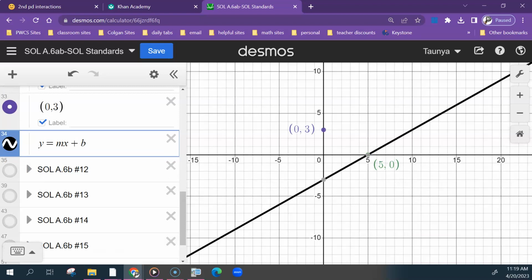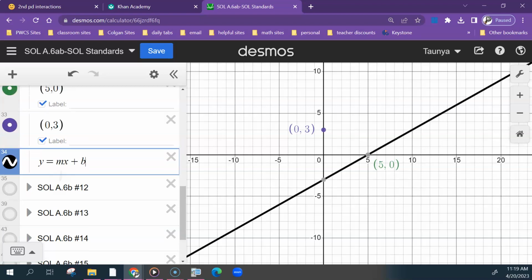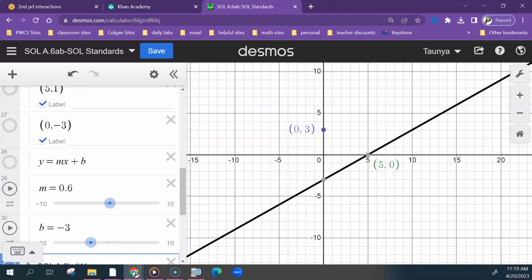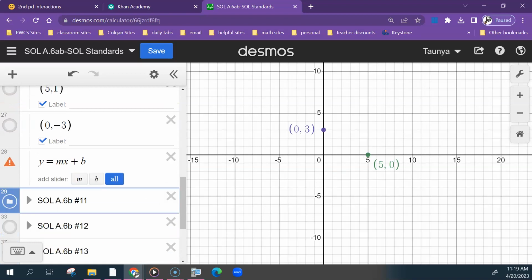I don't know why I didn't use the sliders. Okay, anyway, that one was supposed to add the sliders, and then you could have changed it to the y-intercept and changed the slope. Let's see if the other one does that. That may have also been one.